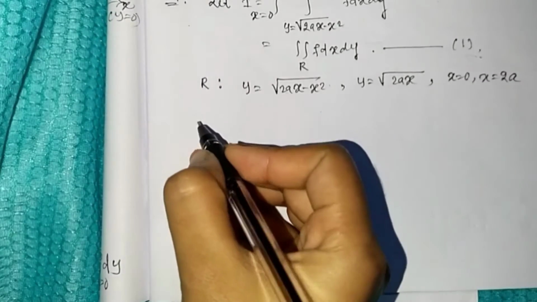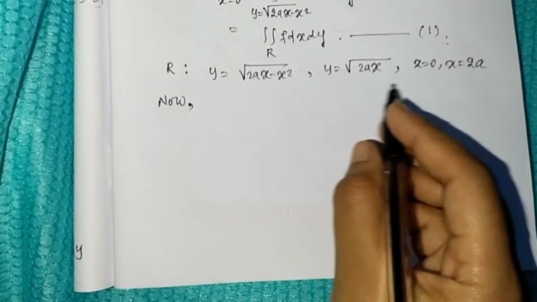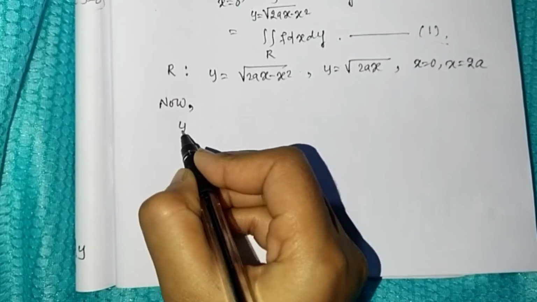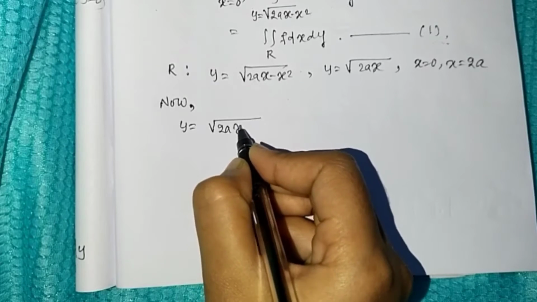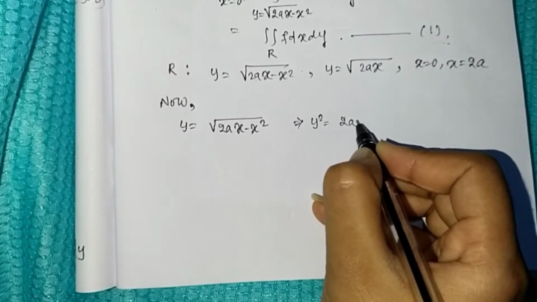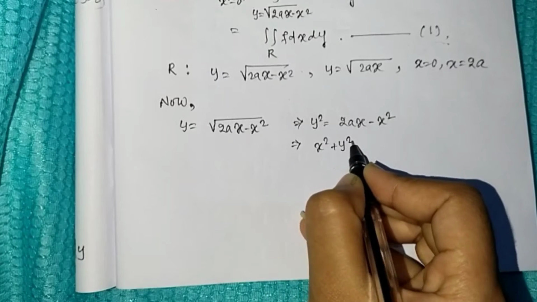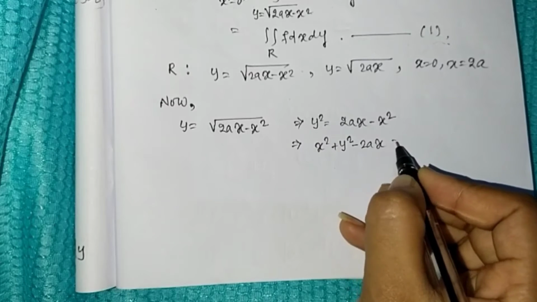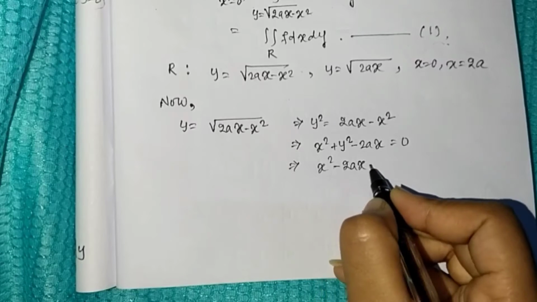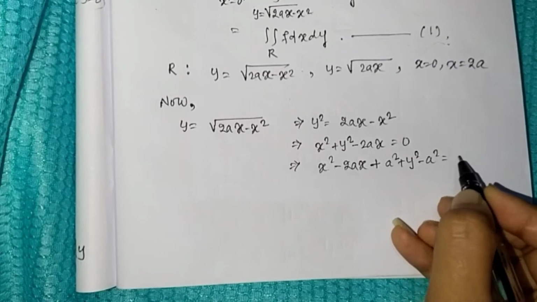Now for drawing our region, we see what those values are. So y equal to root of 2ax minus x square, that implies y square equal to 2ax minus x square, that implies x square plus y square minus 2ax equal to 0, that implies x square minus 2ax plus a square plus y square minus a square equal to 0.